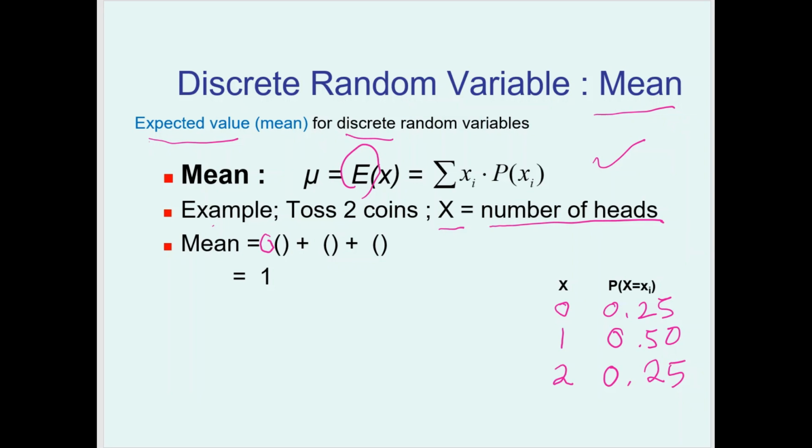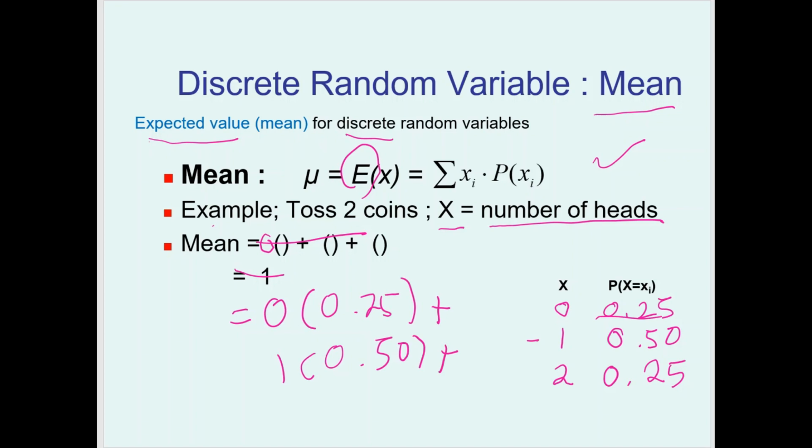So we put here 0 times 0.25, plus another one, 1 times 0.50, plus 2 times 0.25. So the expectation, or the expected amount, is 1 here.